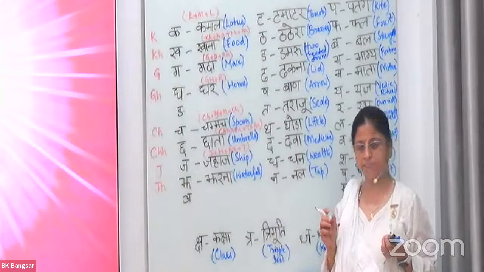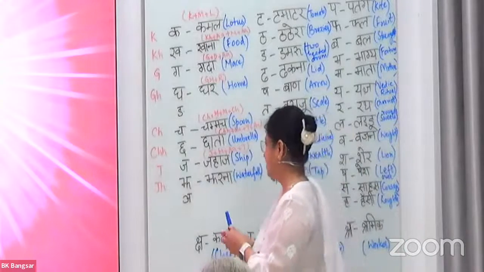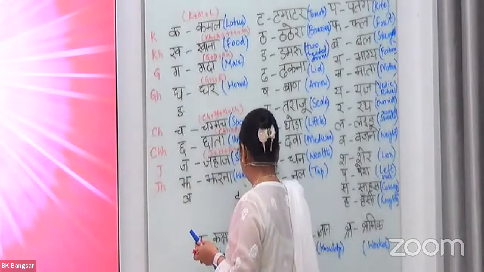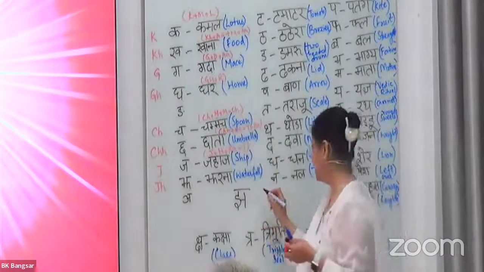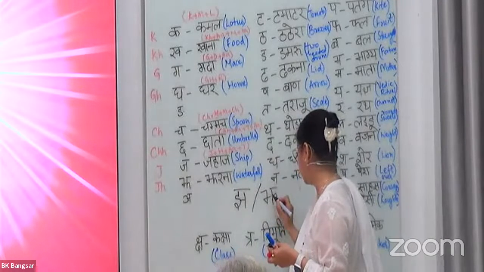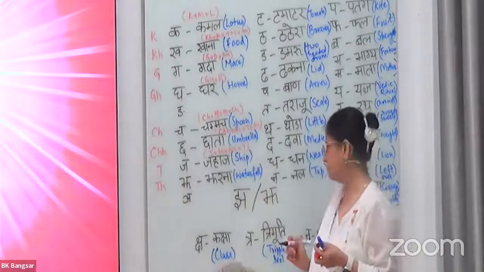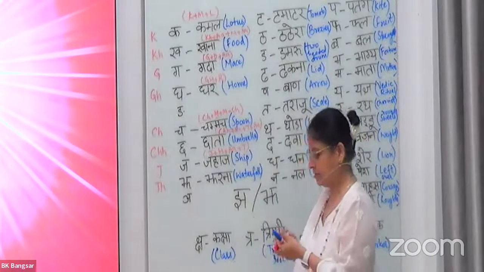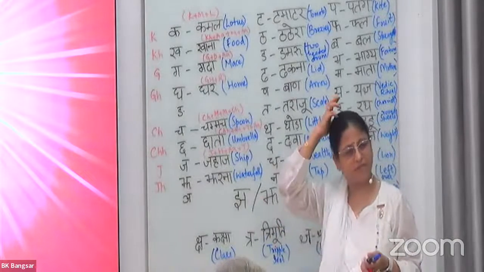There's another way, which is like this. Either it will be like this or it will be like this. Both are jha.